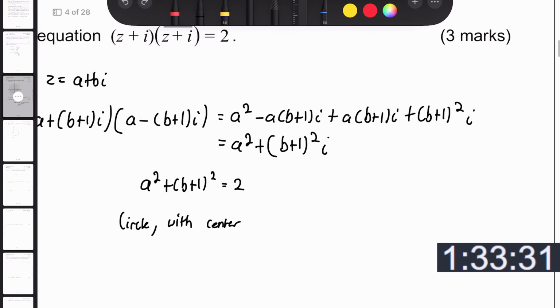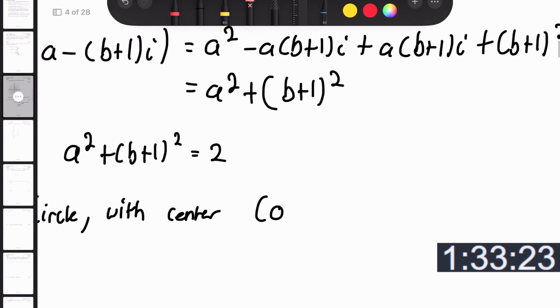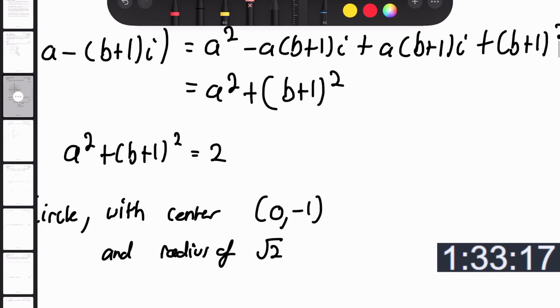Oh, hold on. Get rid of that i squared. Okay, yes. That was confusing me, but it was there by mistake. So it's a circle with center of 0, -1, and radius of square root of 2, because that should be square root of 2 squared. Okay, nice.